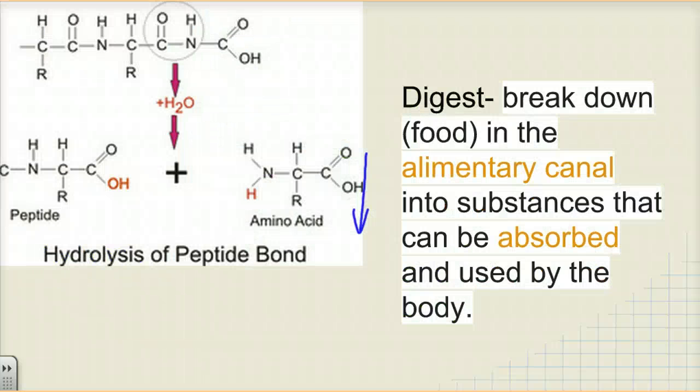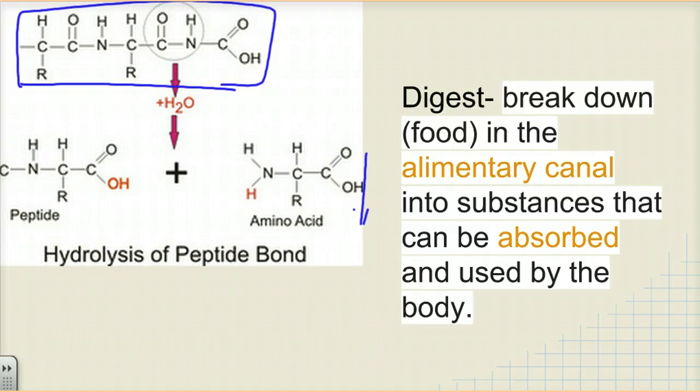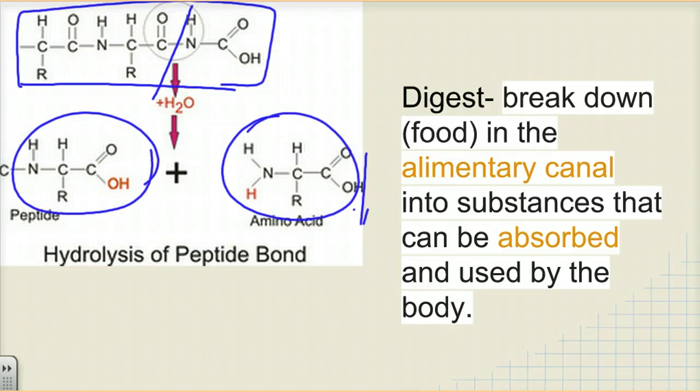Let's look at this a little bit closer. Here we have a protein molecule. This protein molecule is very complex, and hence our body cannot digest this. Our body cannot absorb this in its large state. So our body will tend to break this down, and we will have two smaller molecules that can then be used to release energy.